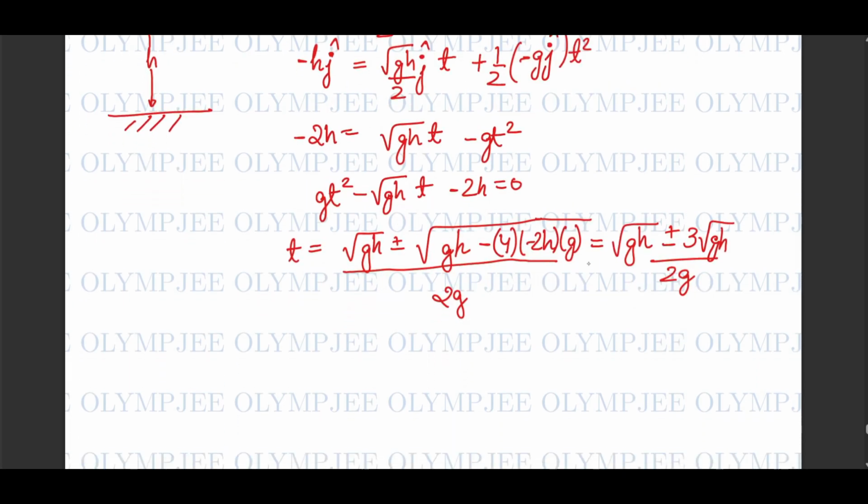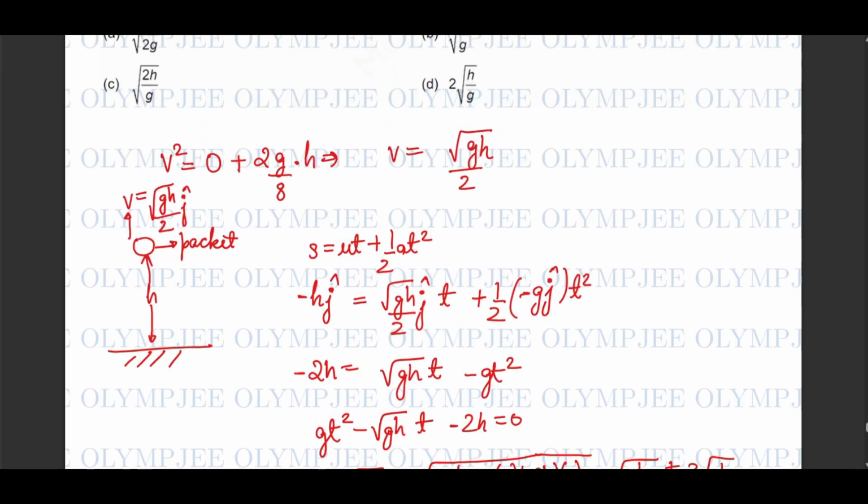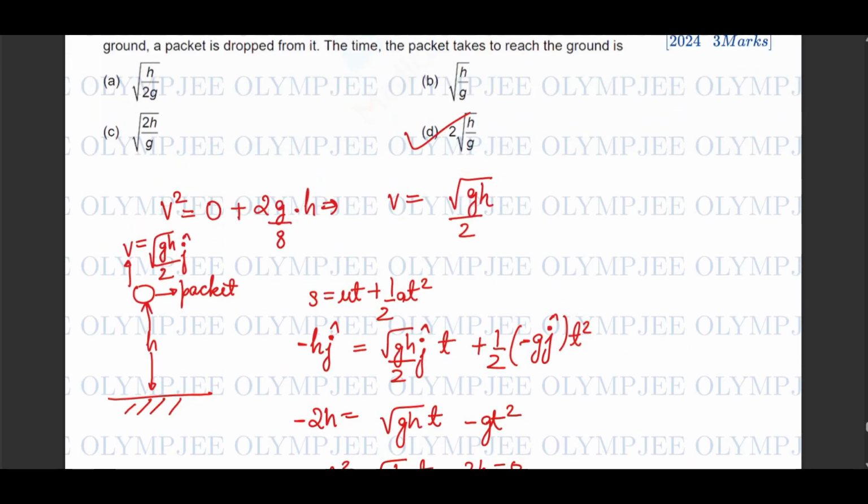If we take minus then time will come as negative, so we will take plus, which will give us 2 root h by g. So this is root h by g, option D.